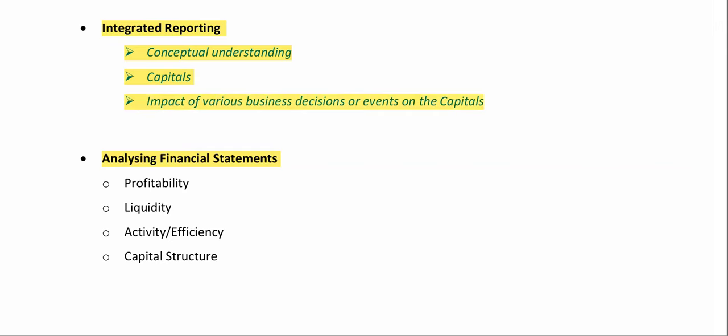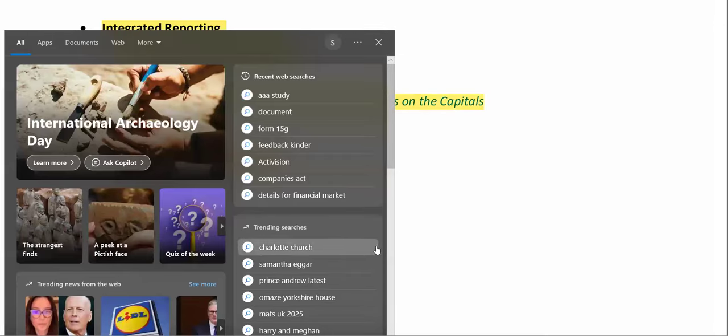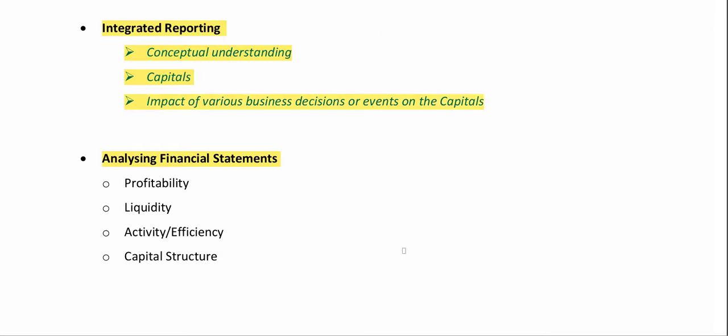Moving on, the financial statements analysis. So remember, there are 4 categories of ratios that you should be thorough with: profitability, liquidity, efficiency, and capital structure. And in particular, we've seen that ratio analysis related questions have linked the ratios to certain developments or decisions taken by the business.